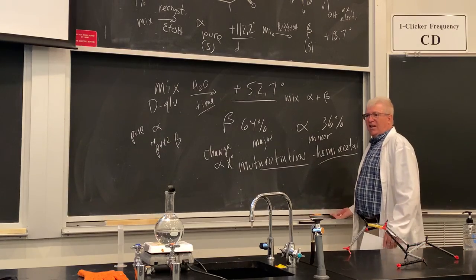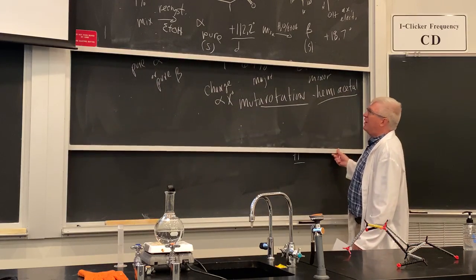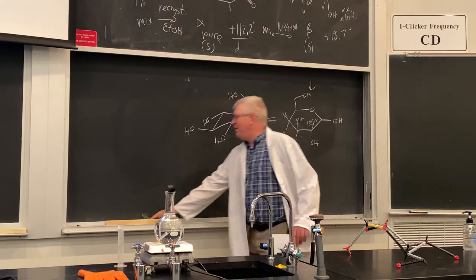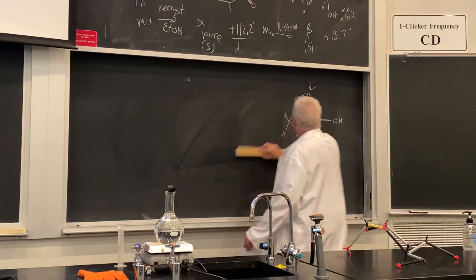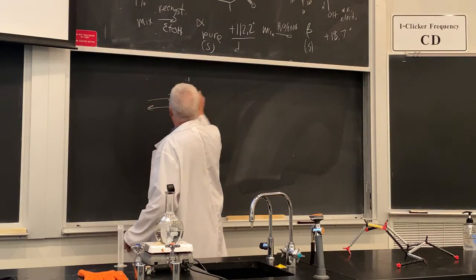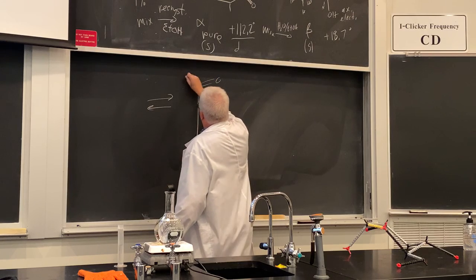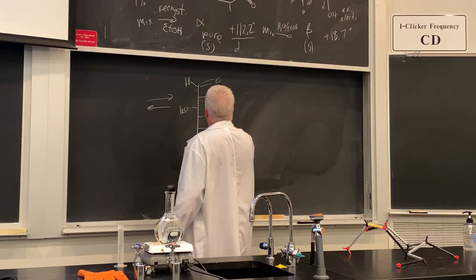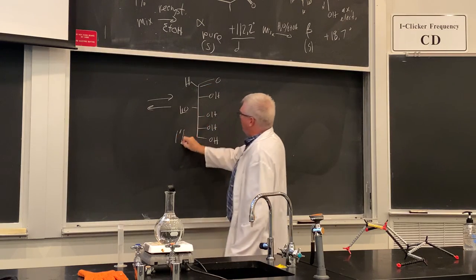So that's what mutarotation means, that change in that. All right, let's look at the other effect here. So we got the cyclic form, and we can always go back to the open form. Okay, so it doesn't mean the open form's not there, it's only 1%.